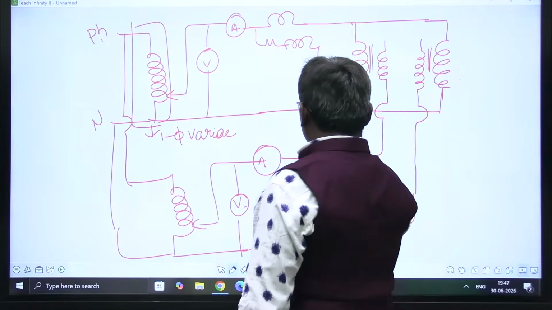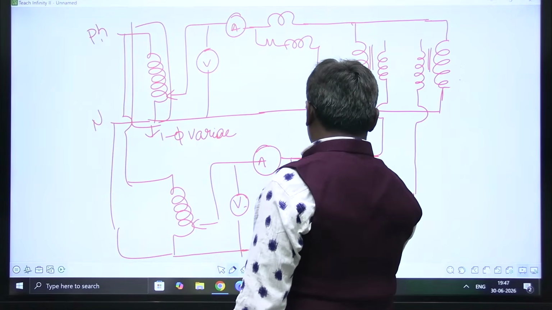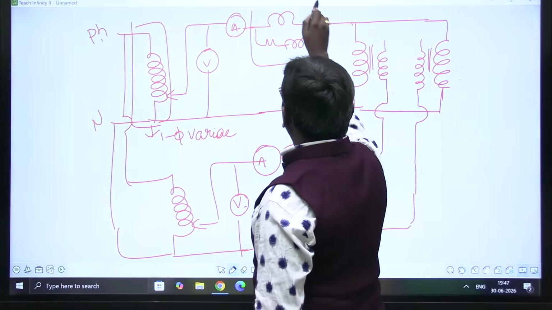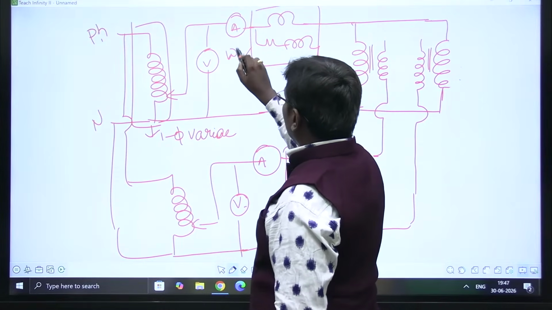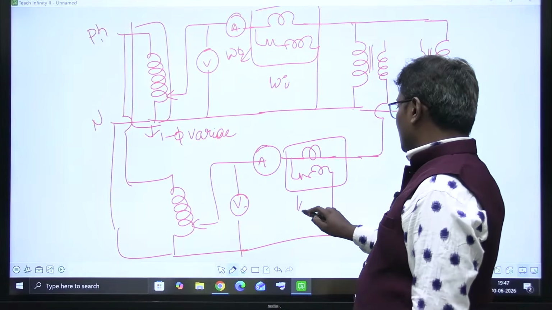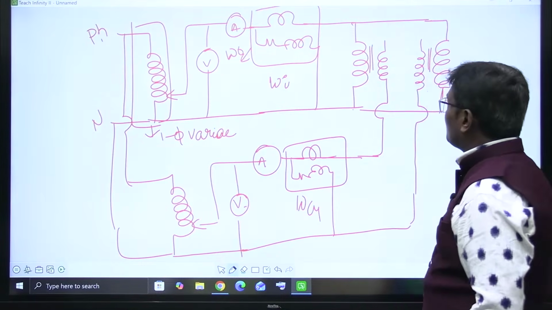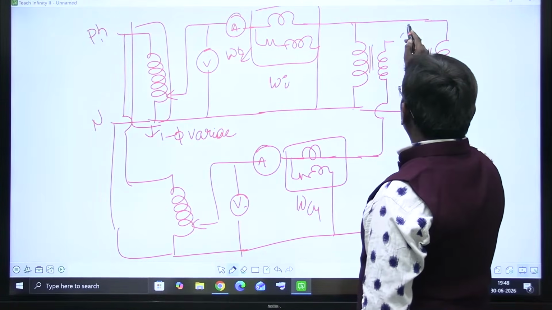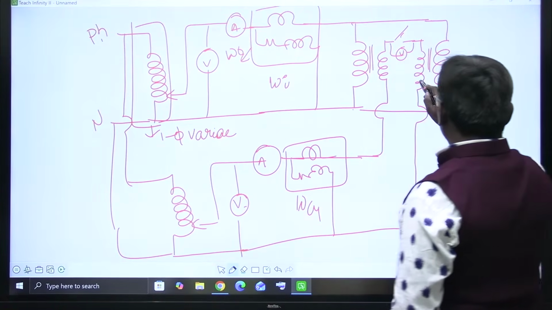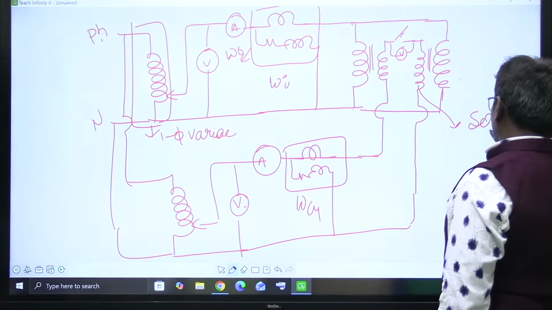In order to indicate the short circuit power losses, this wattmeter indicates the no load power, that means the iron losses of two transformers. This indicates the copper losses of two transformers, and these two are connected in series opposition.